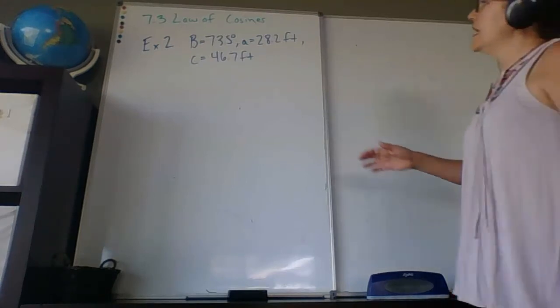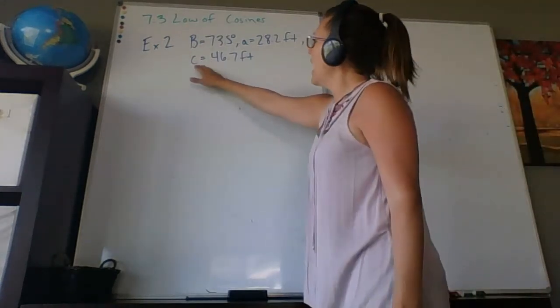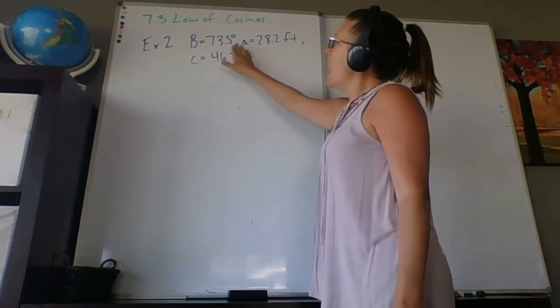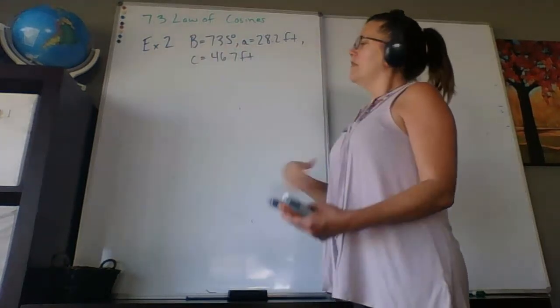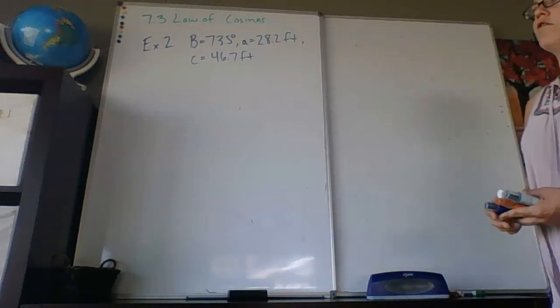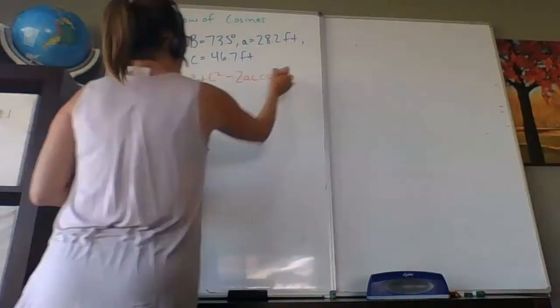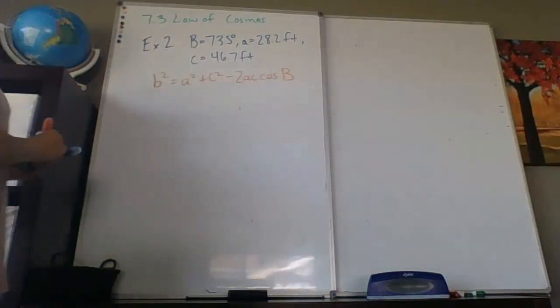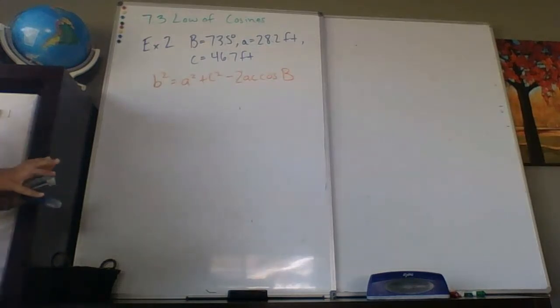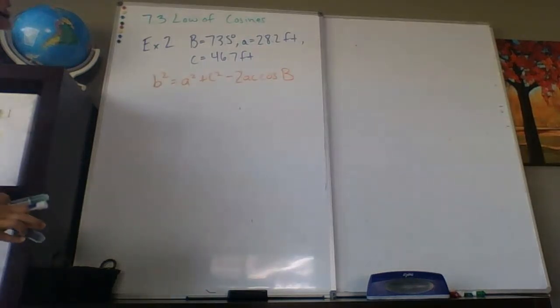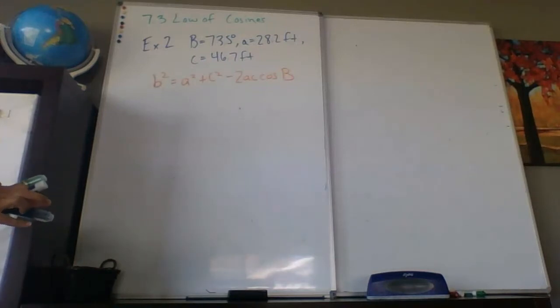So noticing that we have sides A and C and angle B, this will allow us to solve for side B. So we will use the formula B squared equals A squared plus C squared minus 2AC cosine B.